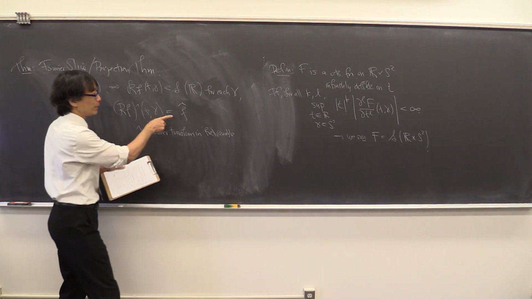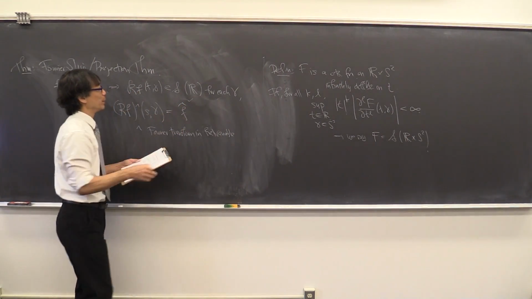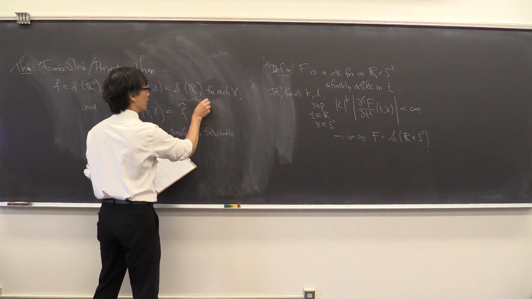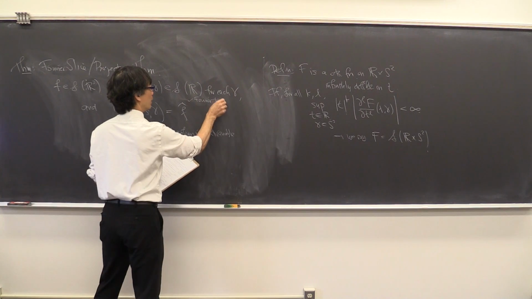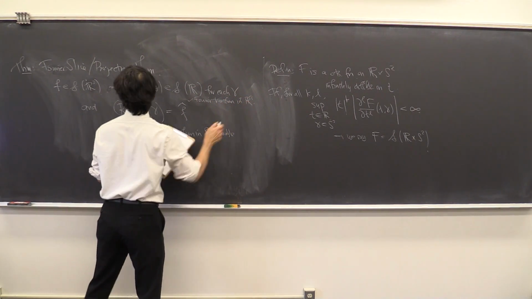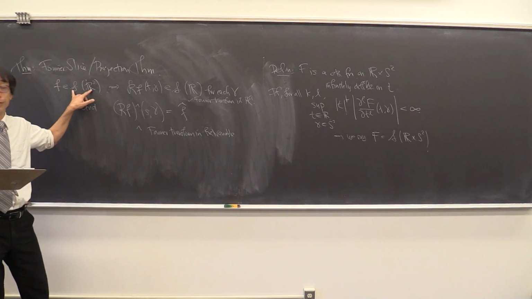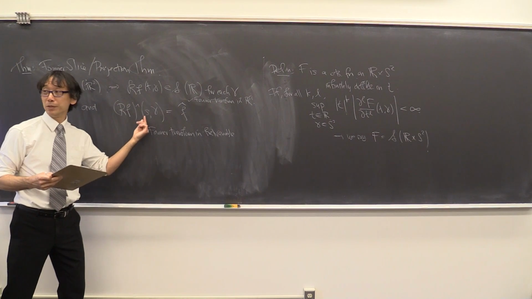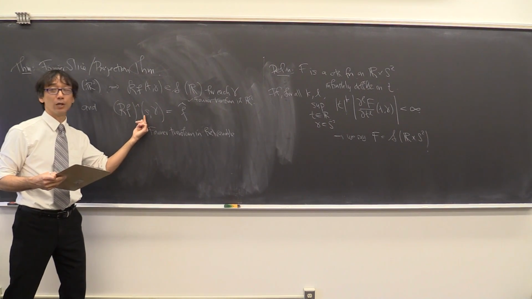Okay, this hat indicates the Fourier transform in R3. Because f is a function on R3. Your Radon transform in terms of s is a function on R1.